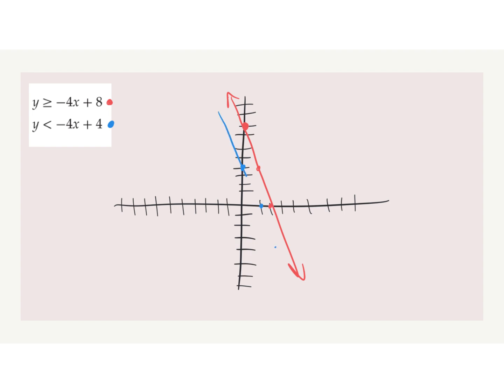So the graph is going to look like this. These lines are not going to touch. They are parallel lines as they have the same slope. So shading the red, they're telling us that the red is greater than. So when y becomes bigger, we go from that y-intercept point. So it's going to shade everything to the right.